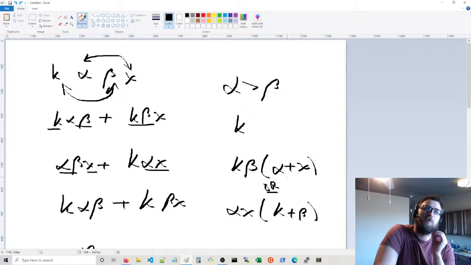It's not an additive factor. That's, I guess, what I'm trying to say. You're not adding this factor. You're adding this factor times this other factor, and times both of these. I guess maybe the way to look at it is that every change in k and beta is applied twice, whereas every change in alpha and x is only applied once. Maybe that's a better way to express it.